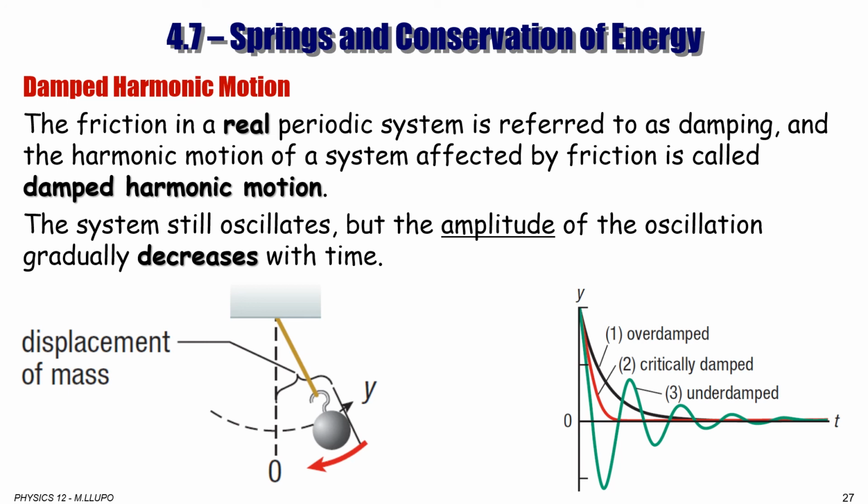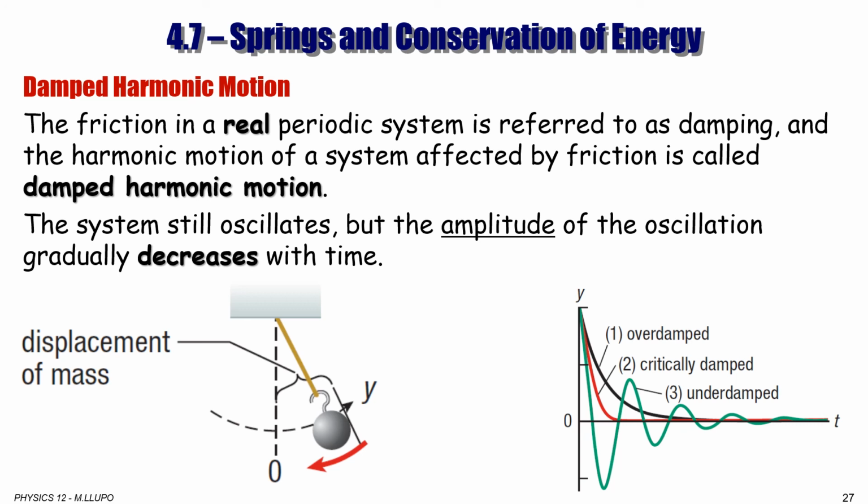The friction in a real periodic system is referred to as damping, and the harmonic motion of a system affected by friction is called damped harmonic motion. The system still oscillates, but the amplitude of oscillation gradually decreases with time until it comes to a complete stop.